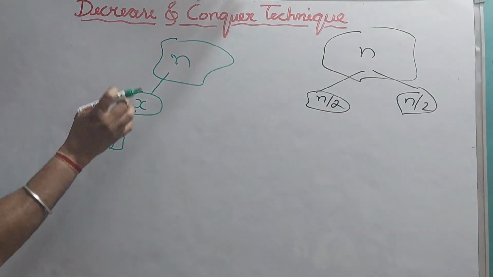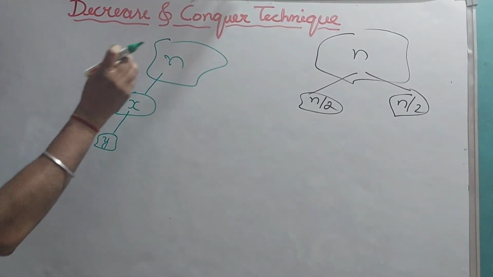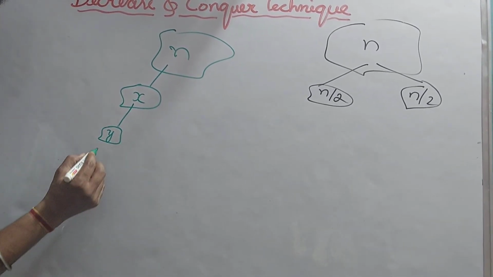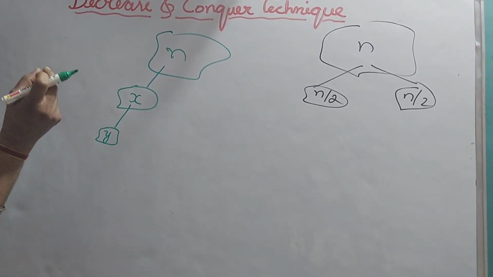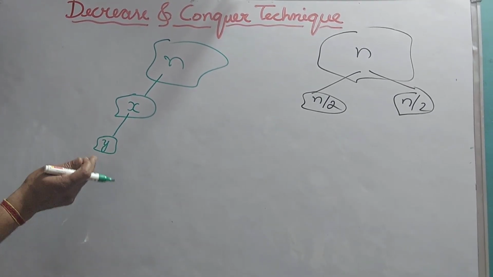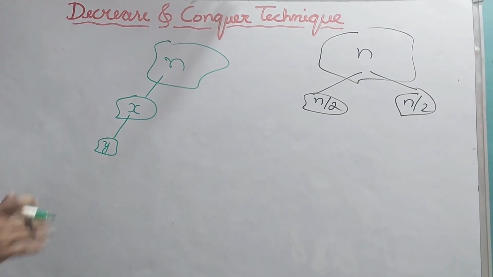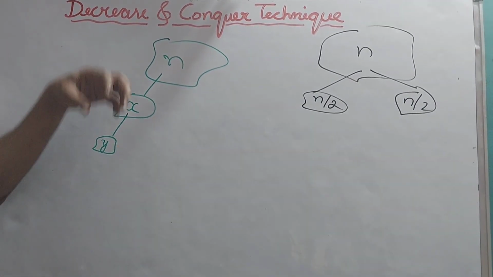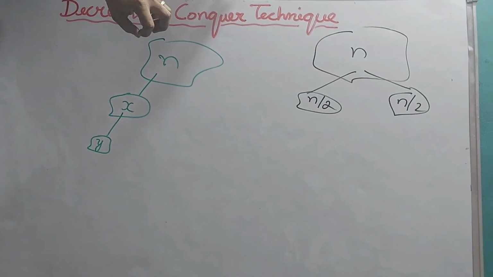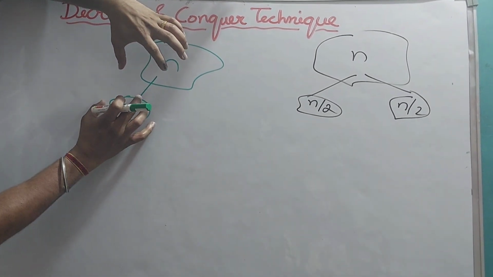Like that, I keep reducing the problem into sub-problems of smaller size. Once we get the solution for the smaller instance, from that solution we exploit the solution of the overall problem. I will repeat: the problem size is large, so we reduce it into a smaller instance.